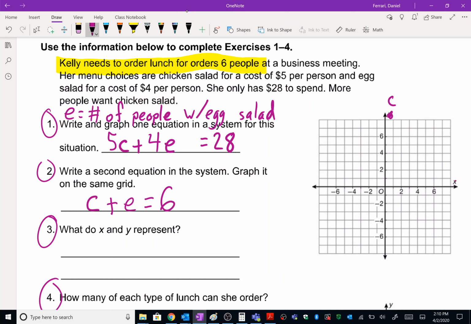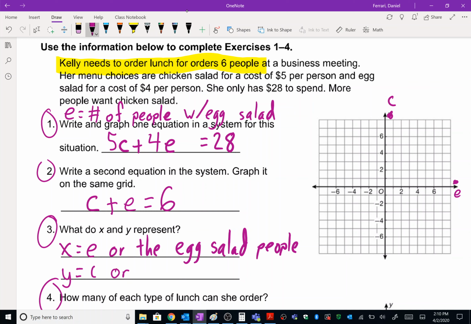Now we're going to treat x as our egg salad people, as our E. So let's say what x and y represent. x is E, or the egg salad people, and y is going to be C, or the chicken salad people.